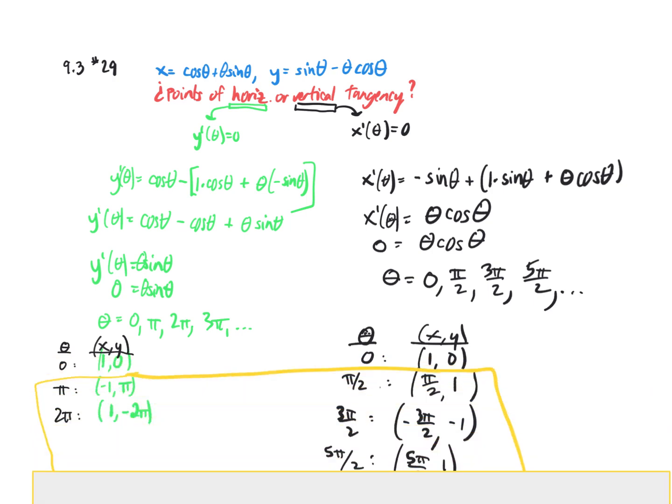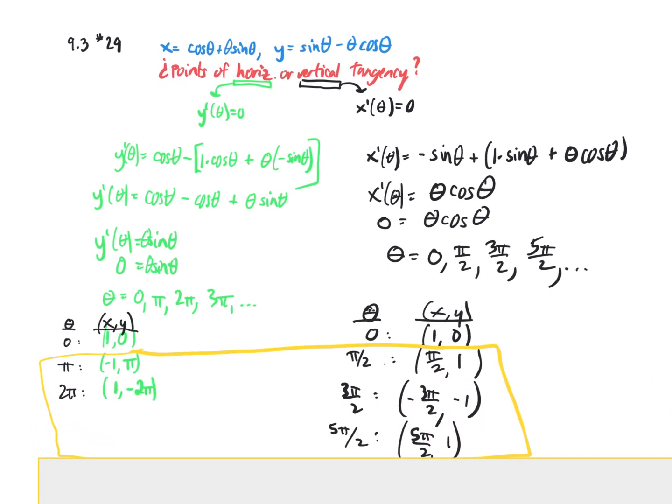So when we plug these values of theta, where y prime is 0, into x and y to get our coordinates, we get, for these values, 1, 0, negative 1 pi, 1, negative 2 pi, and as soon as you get to 3 pi, we'd have a point that's no longer on the shown graph. In other words, we'd get negative 1, 3 pi, and if you look at the graph, this point is not part of the graph, so we won't include it.